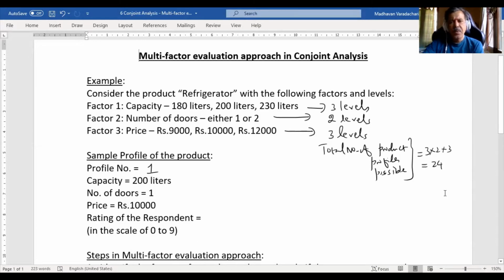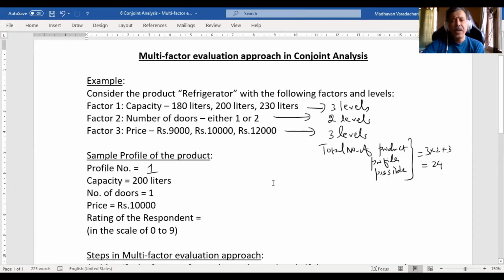Likewise, you may prepare all the 24 profiles, and in case you want to reduce the number of profiles, you may eliminate some profiles which may not be of interest to any respondent. For example, a profile like 180 liters, which means low capacity, single door, and the price is very expensive, that is 12,000, may not be preferred by a respondent.